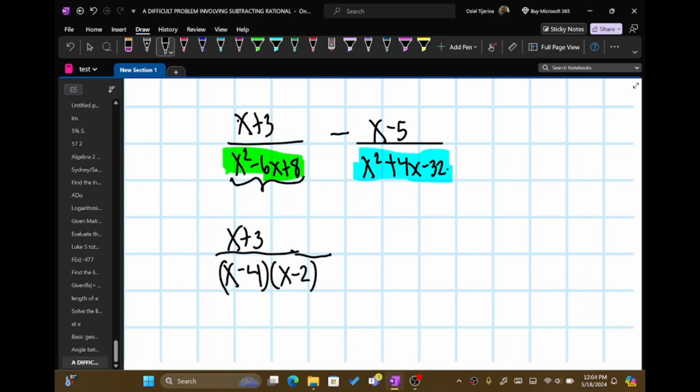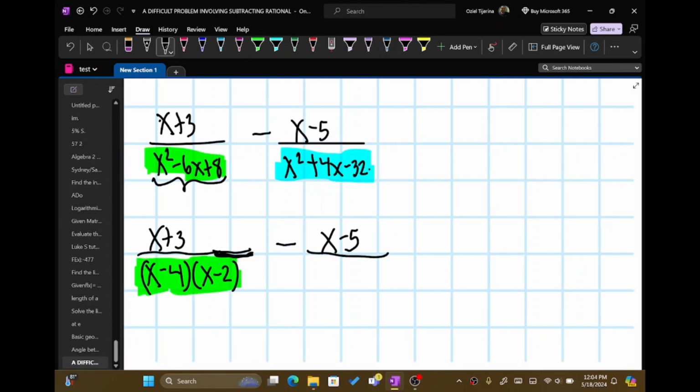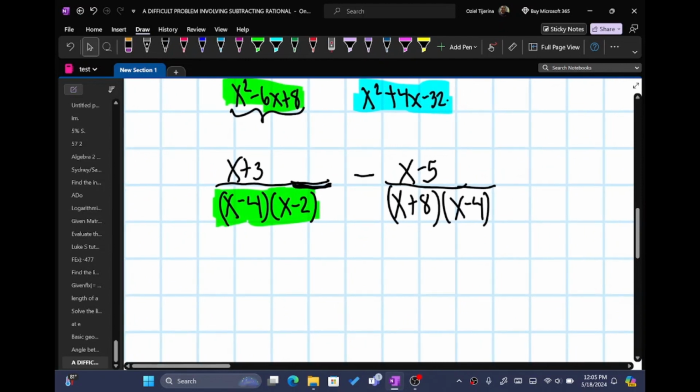I have separate videos for that. And then it's x minus 5 over, and then x squared plus 4x minus 32. I believe that is x plus 8 times x minus 4. So we can clearly see there's something that both of these have in common. So x plus 8 times x minus 4, and let me just highlight that.